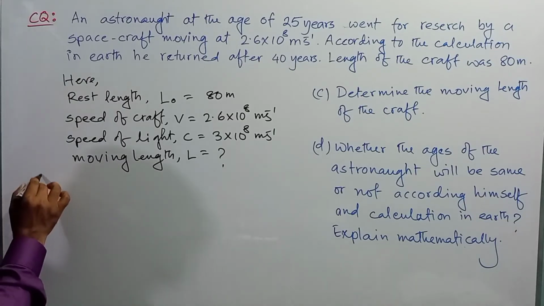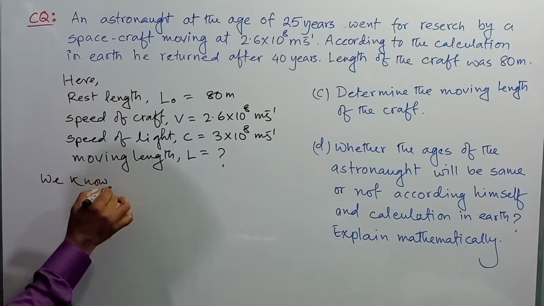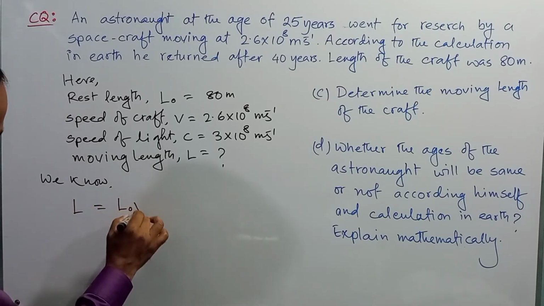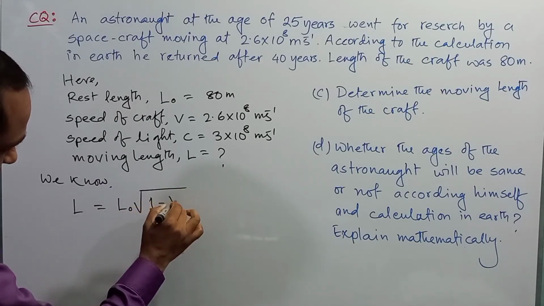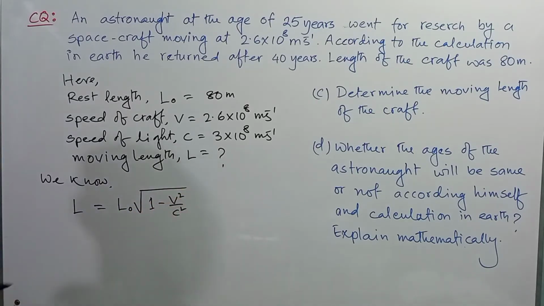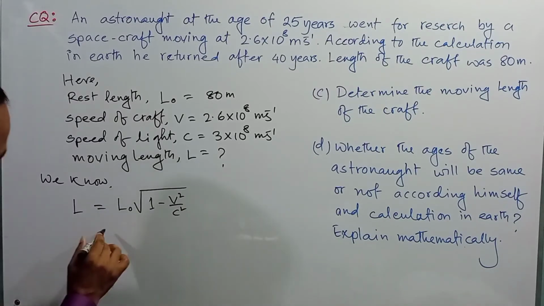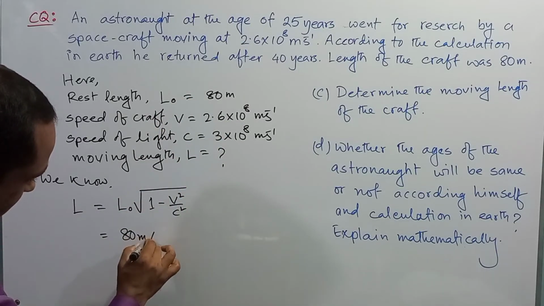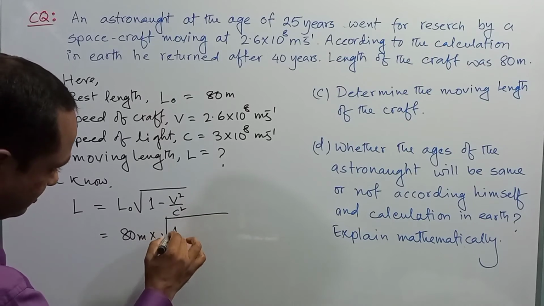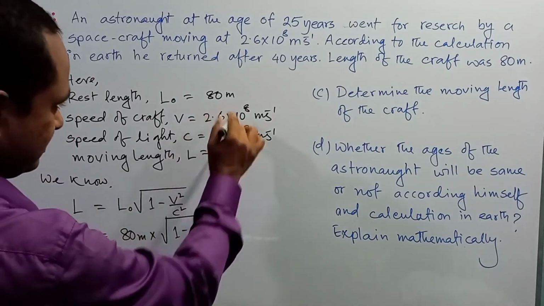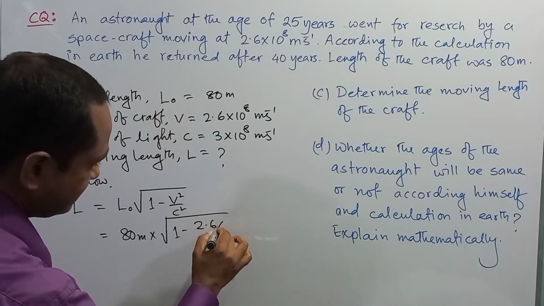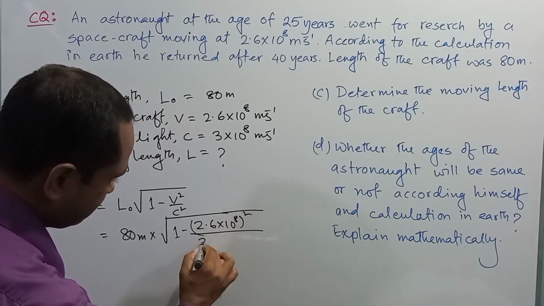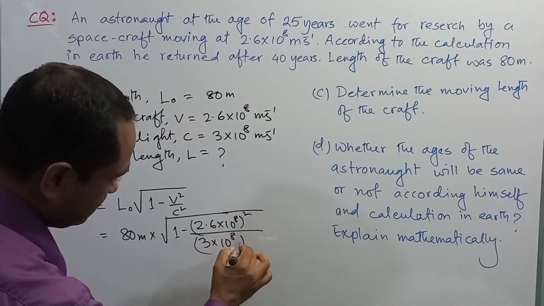Okay, we know L is equal to L naught multiplied by square root of 1 minus V square by C square. So using the value, L naught is equal to 80 meter multiplied by square root of 1 minus V square, where V square is 2.6 into 10 to the power 8 squared divided by 3 into 10 to the power 8 squared.